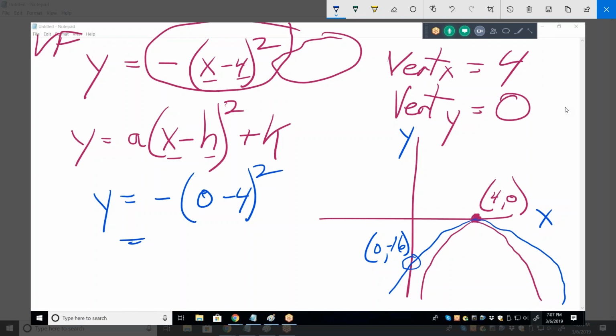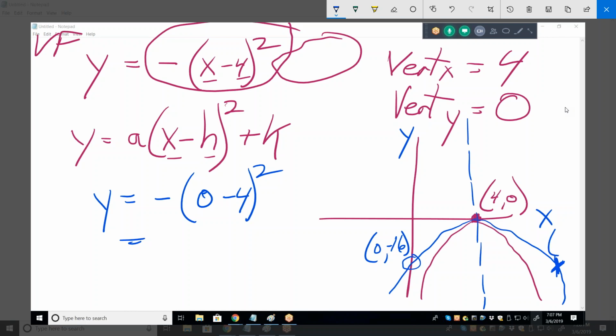Right. Now, I've only found one other point. But the one thing that I know about parabolas is they are symmetrical about the vertex. So I actually know this point over here also.